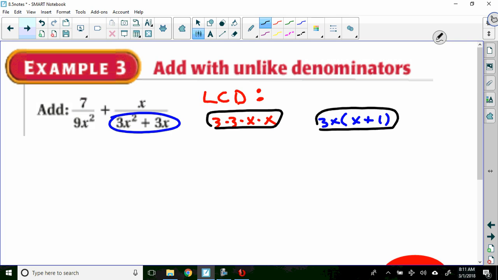To find my LCD, I'm going to be comparing this and this. As far as the numbers go, what's the numeric portion going to look like? It's going to be 3 times 3, right? I've got to have two 3s. What else?